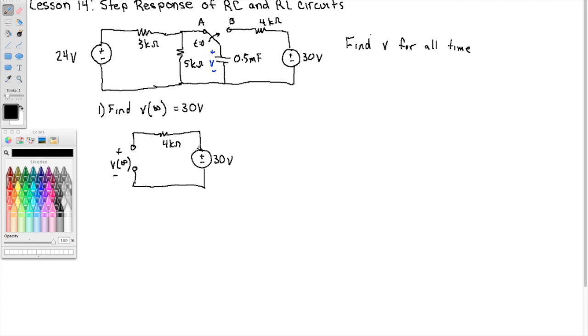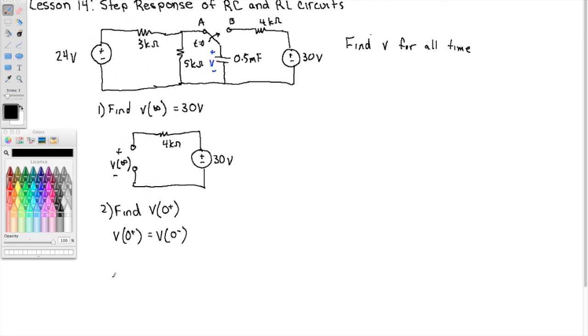Now, we can also find the voltage across the capacitor right after the switch. Alright, so right after the switch, the voltage is the same as right before the switch, because in a capacitor the voltage cannot change instantaneously. So right before the switch, we assume that this circuit was built a long time ago and all the transients have died down and the circuit is at its steady state.